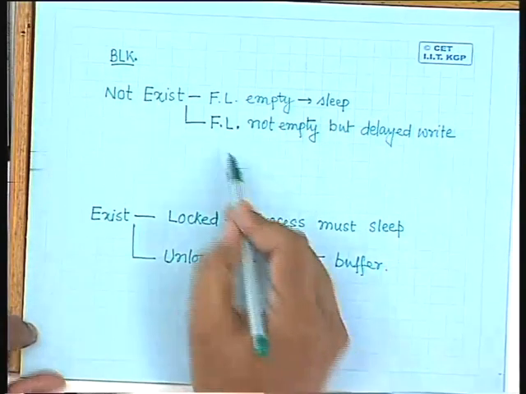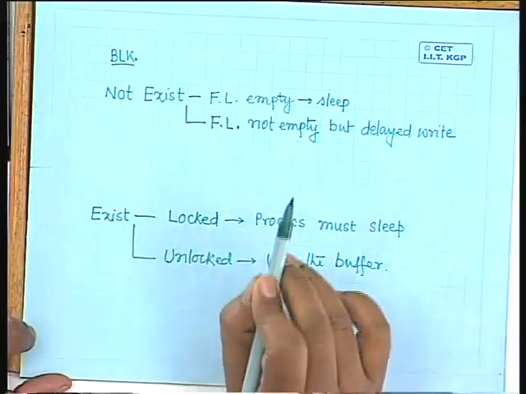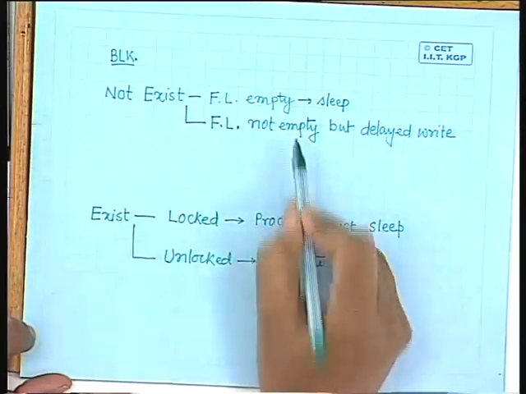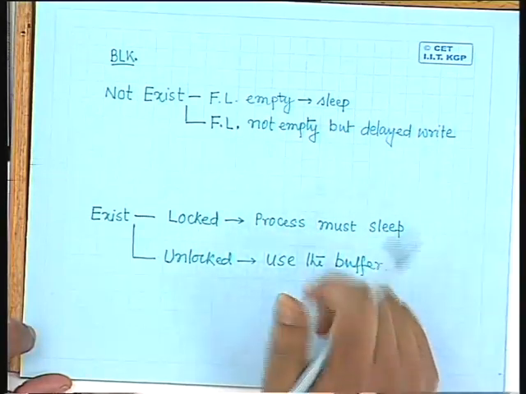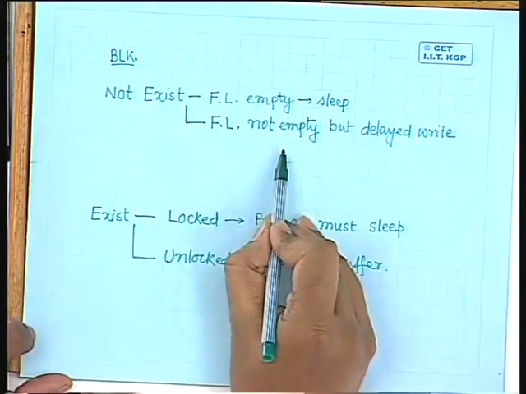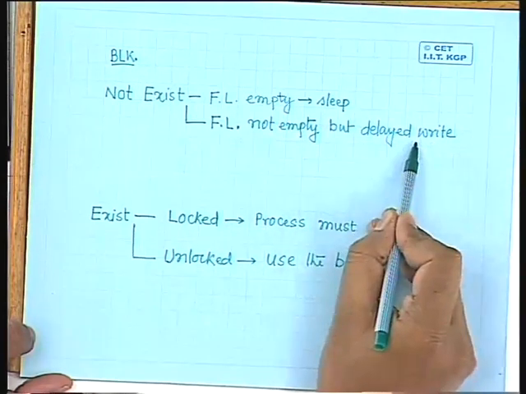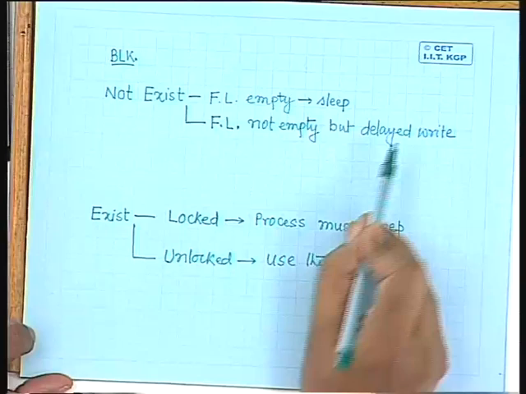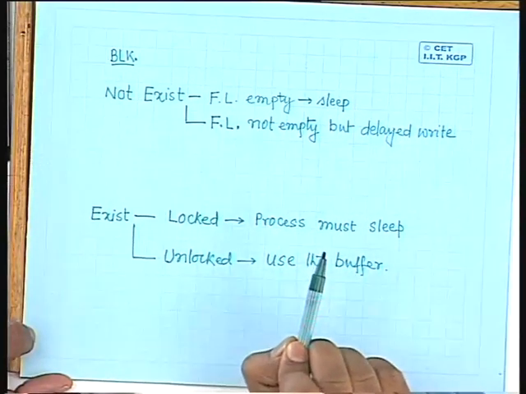So if you find that the free list is not empty, and it contains a number of free buffers, I take the buffer from the head of the free list, and that buffer is marked as delayed write. Then we have to initiate the process of writing the content of the buffer into the corresponding disk block.